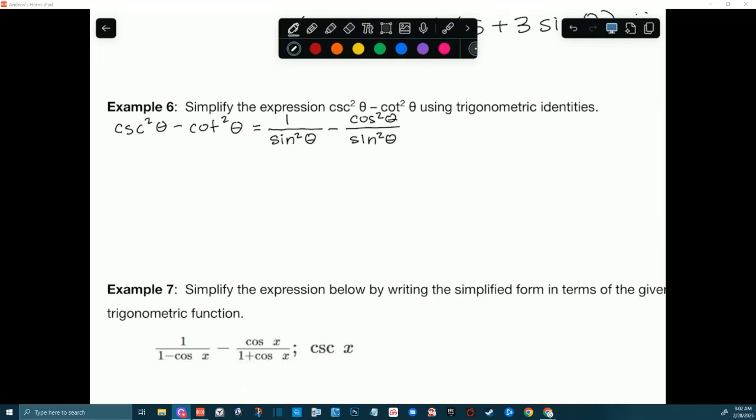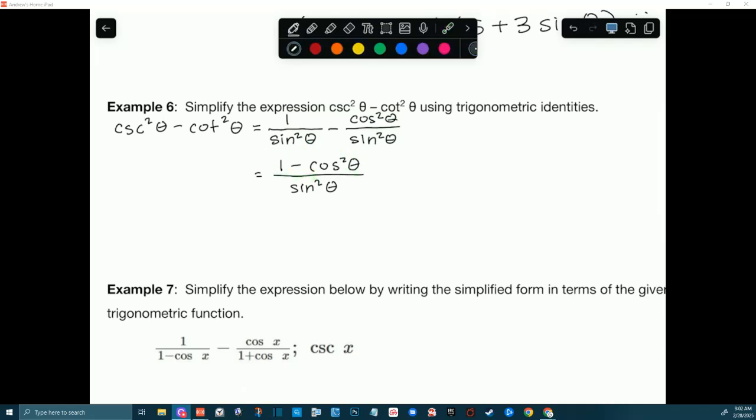And that makes me happy. When denominators match, I can just do math on their numerators. So this is going to be 1 big fraction over sine squared theta. And the numerator is just 1 minus cos squared theta. We've seen that before.